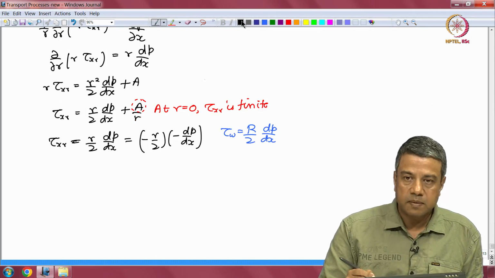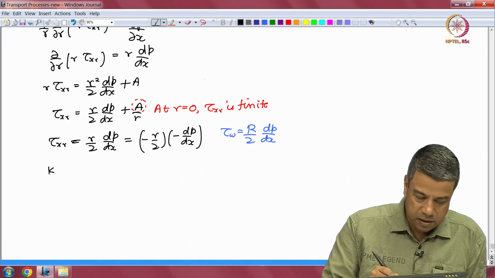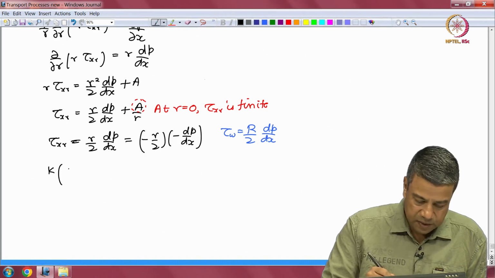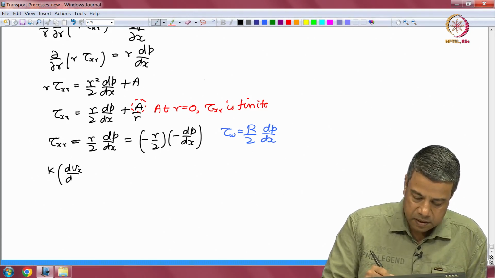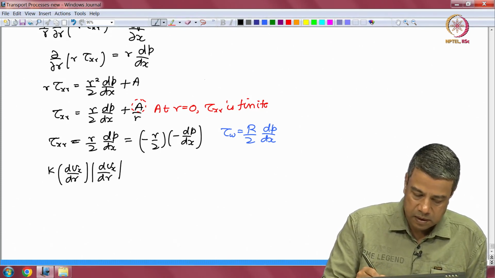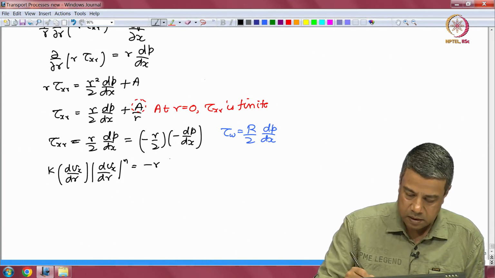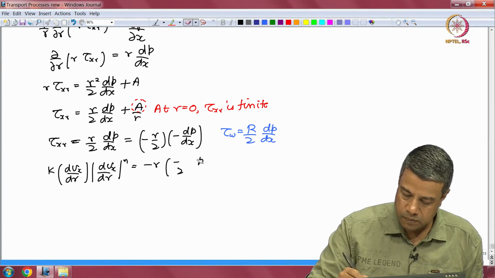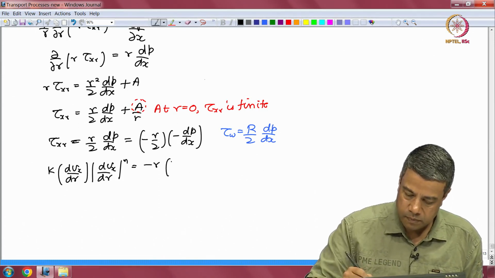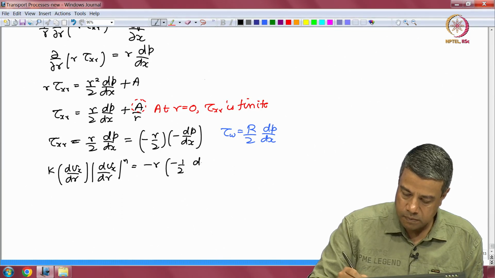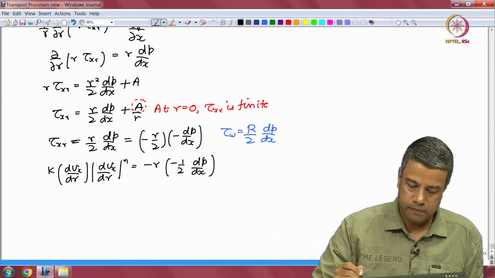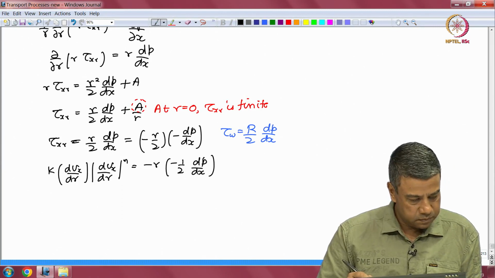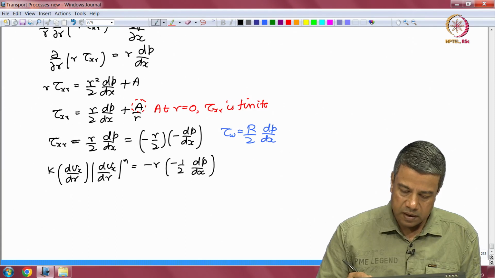So, now the velocity can be determined from the constitutive relation, k into dvx by dr, whole power n, is equal to minus r by 2 into dp by dx, and you can integrate this.